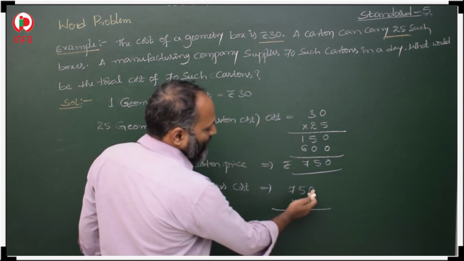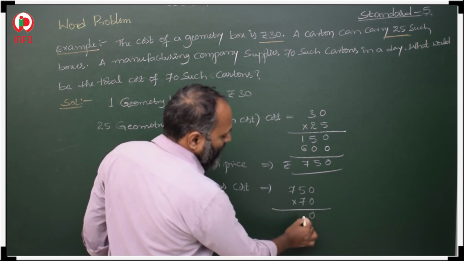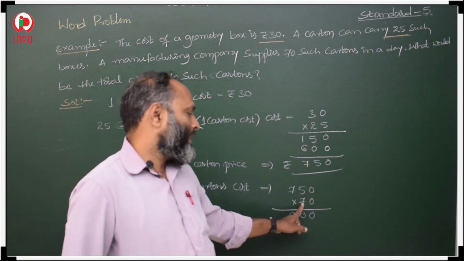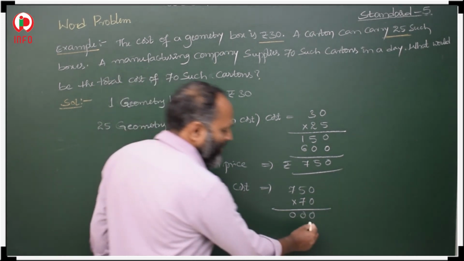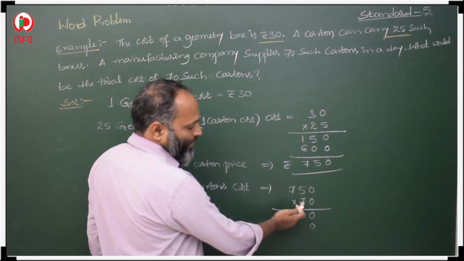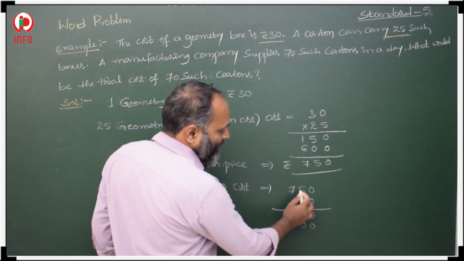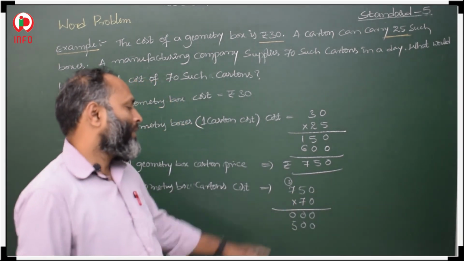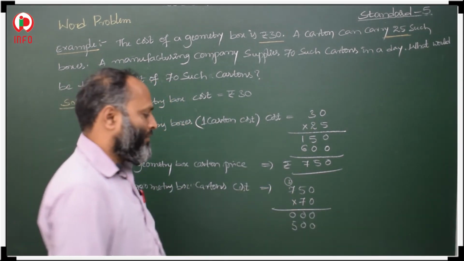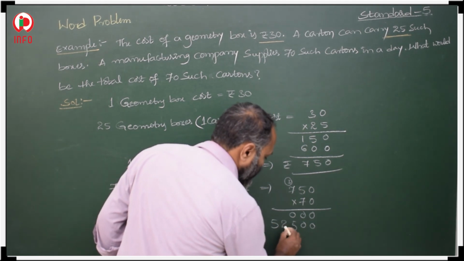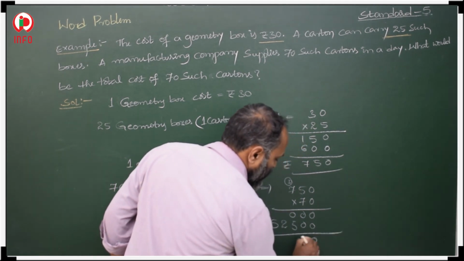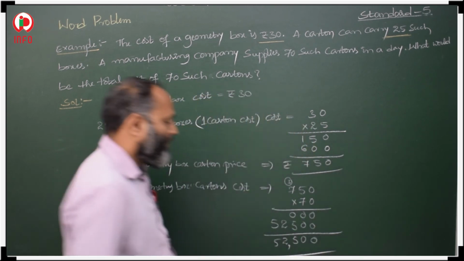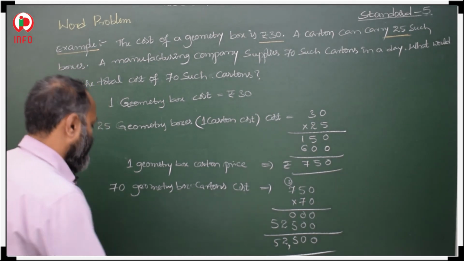Now 0 times 0 is 0, 0 times 5 is 0, 0 times 7 is 0. Now we multiply with 7. The 7 is in the tens place, so first we keep 0 in the ones place. Then we start multiplication: 7 times 0 is 0, 7 times 5 is 35, 3 carried. 7 times 7 is 49, plus 3 is 52. Now we add: 0, 0, 5, 2, 5. Then 52,500.